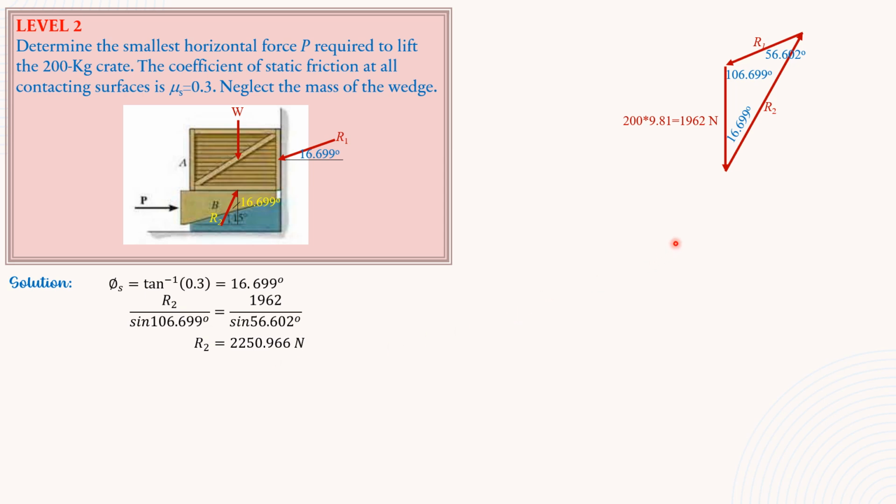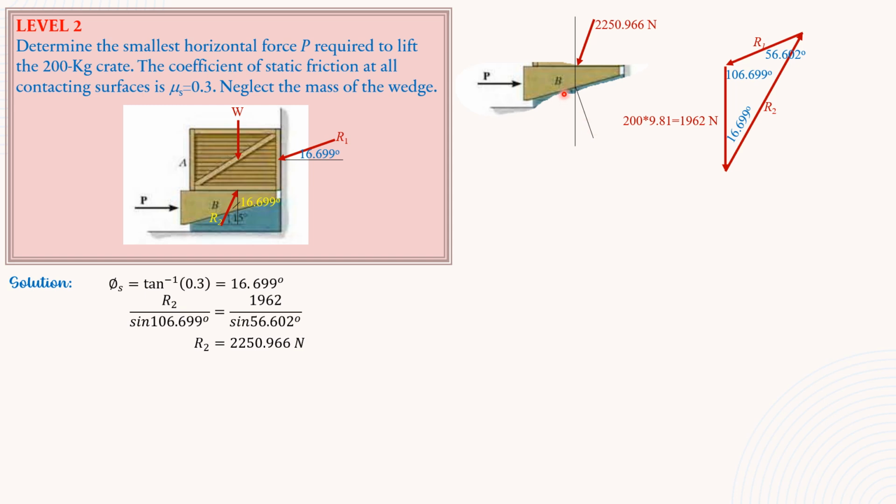Then we have the free body diagram of the wedge. Then that's P. Let's transmit R2, which is down to the left with magnitude of 2250.966, at an angle with the vertical of 16.699 degrees.